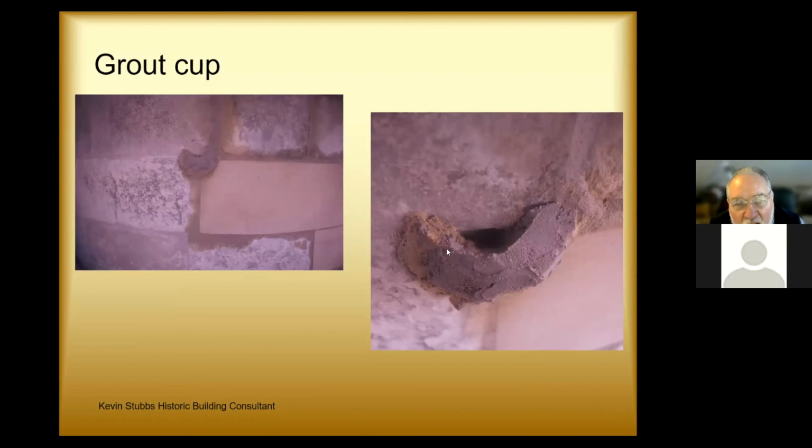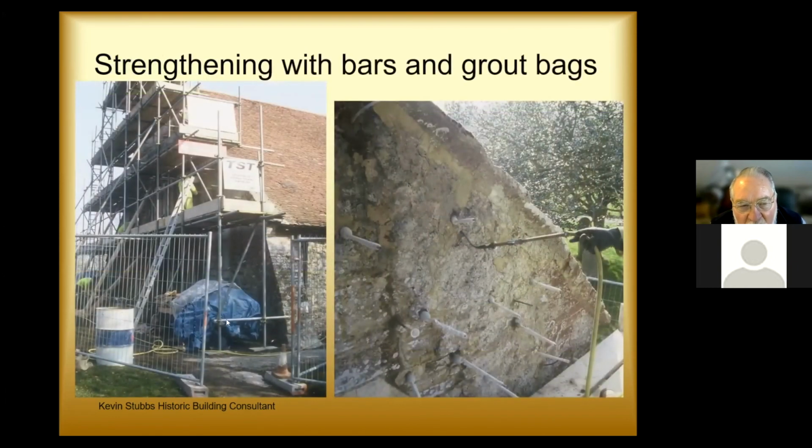What's been used for centuries by stonemasons is a grouting technique where you pour a fine liquid grout of lime and a fine material into those voids to fill them. And this can now be used on a large scale for conservation of ailing medieval structures.